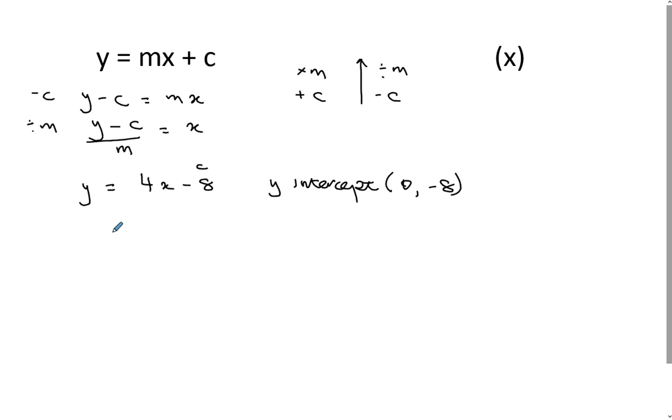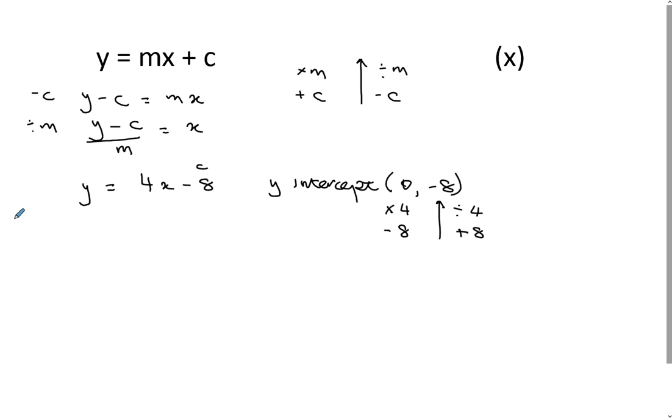If you want to find where this straight line cuts the x-axis, then you have to rearrange the equation, making x the subject. So we've multiplied the x by 4, and then we've minused 8. So let's go backwards. We add 8 and divide by 4.